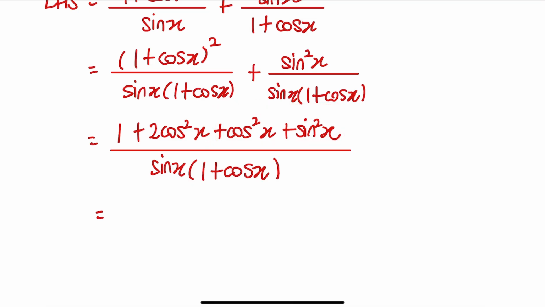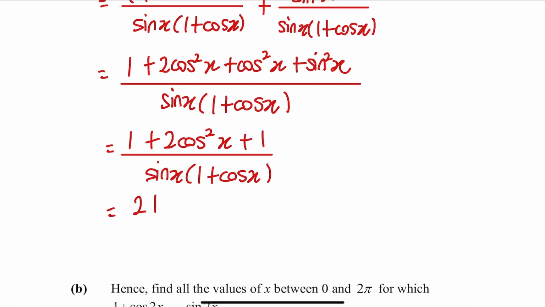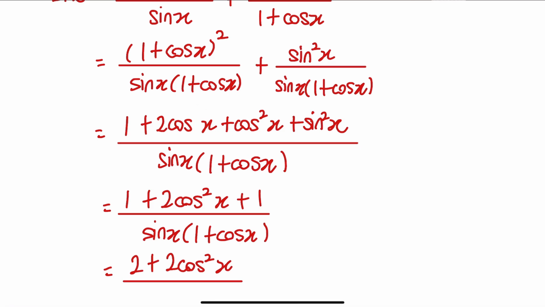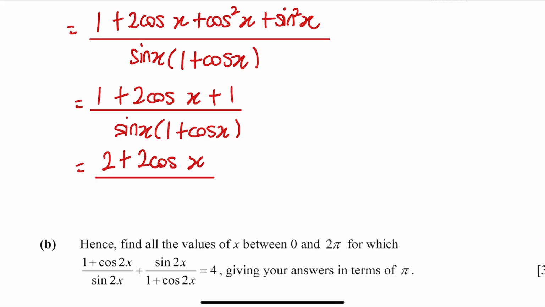So this will become 1 plus 2 cosine x plus 1 over this denominator here, sine x times 1 plus cosine x. Then from here, this will be 2 plus 2 cosine x over sine x times 1 plus cosine x. Sorry, this is not cosine squared, this is 2 cosine x.